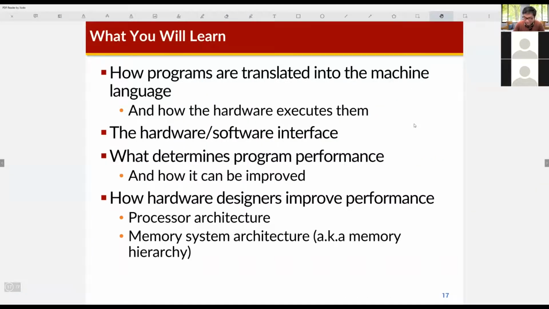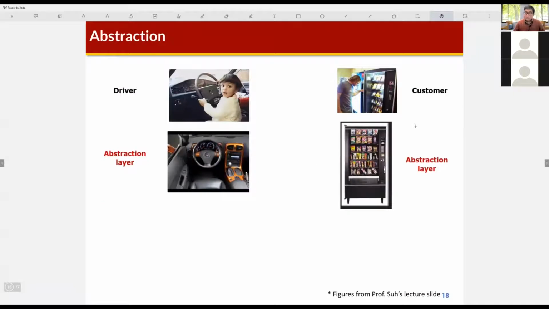So I reviewed some topics we learned in the previous class. Now I will teach about the abstraction of the computer system. So what is abstraction?